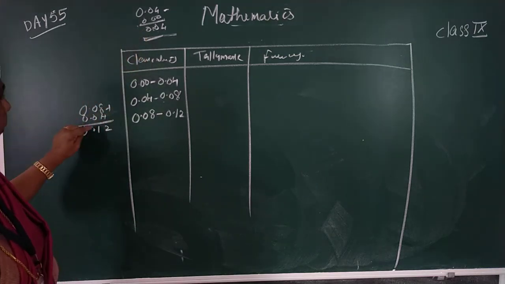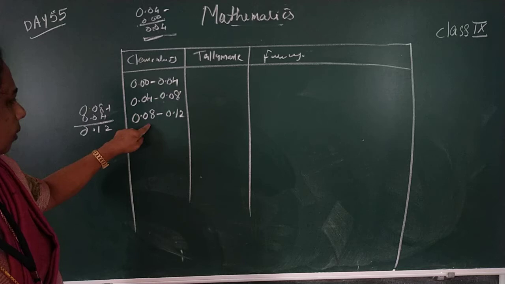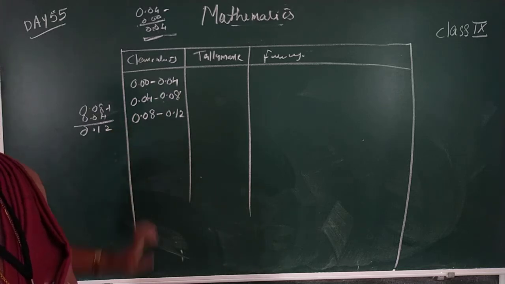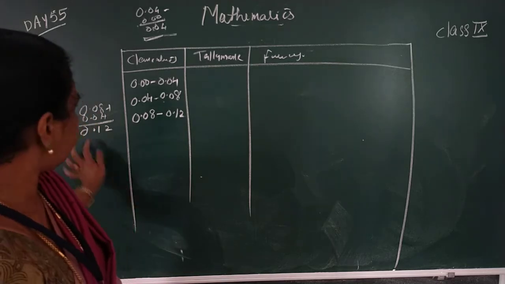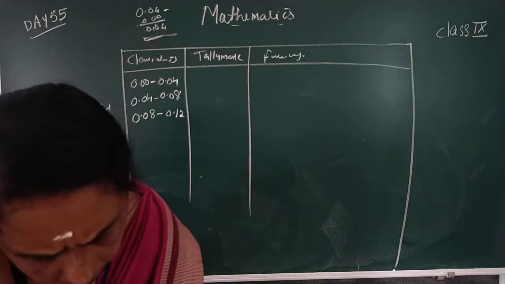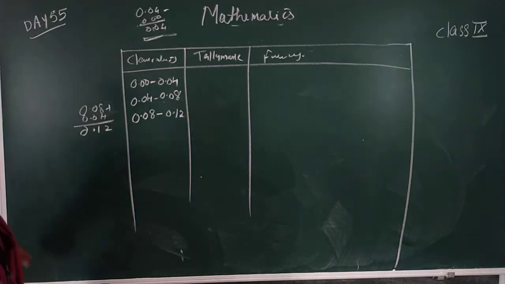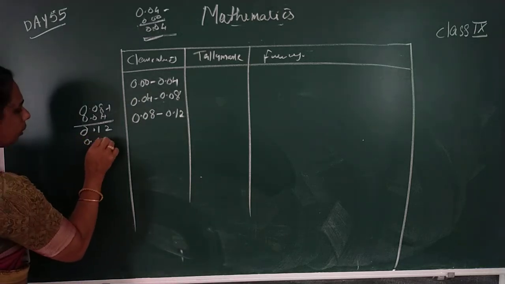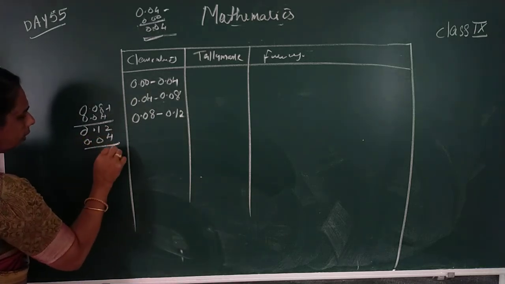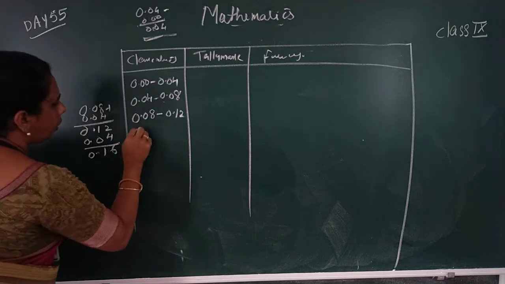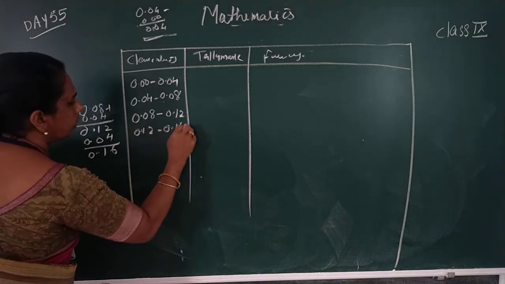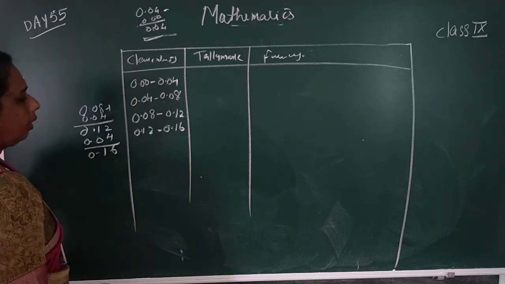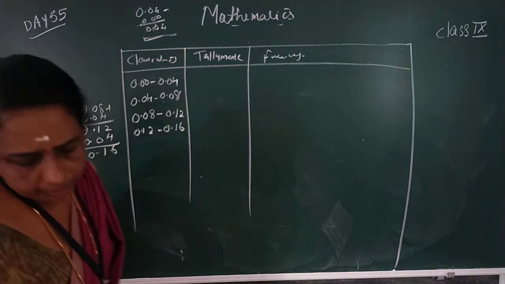You have to add it to the lower limit of this number. We will get the upper limit. Here it is decimal, so if you have some confusion, you have to add and write. Okay. Next one is again add 0.04. We get 0.12 to 0.16.